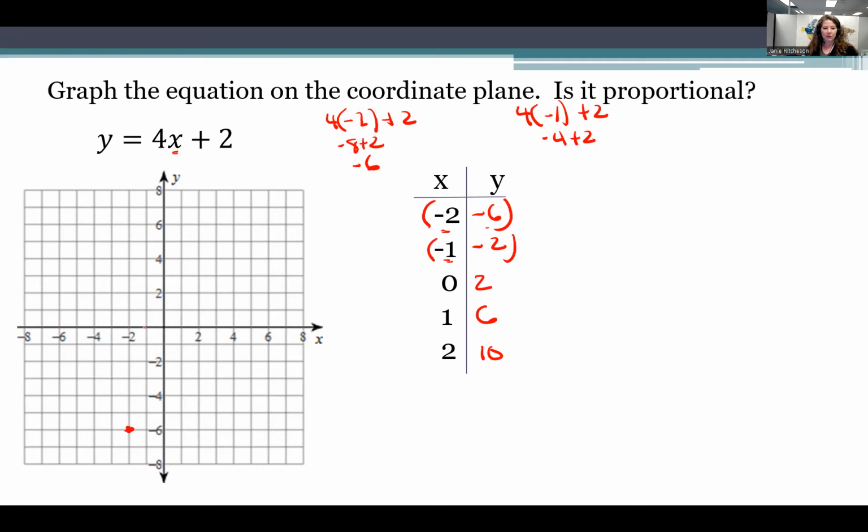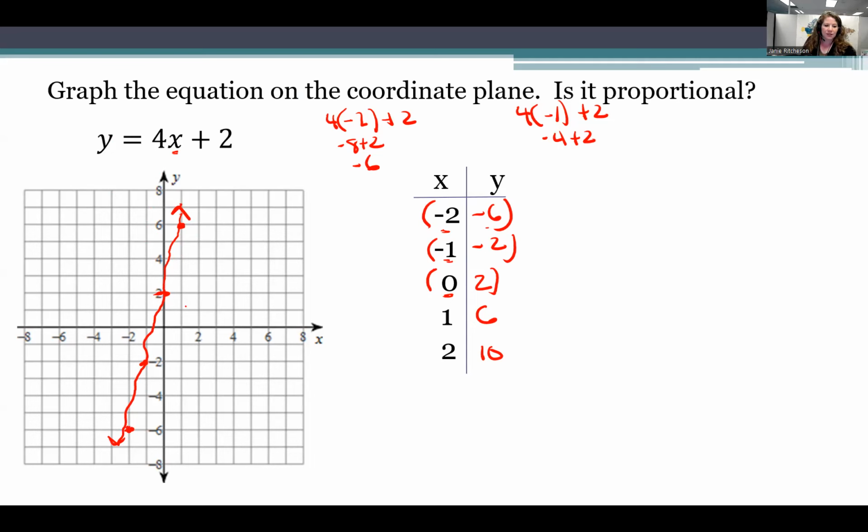This one tells me don't go right or left, but go up 2. And this tells me to go right 1, up 6. I can't graph the last one, but let's see. Oh no, it's going to be just as bad, you guys. Oh, that's terrible, Miss Richardson. All right, so pretend that's a straight line anyway.